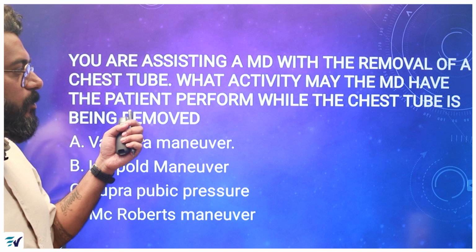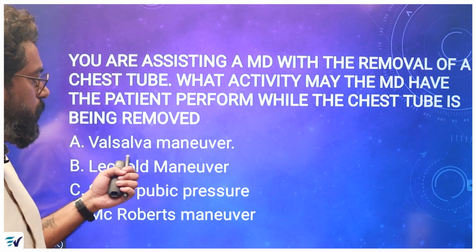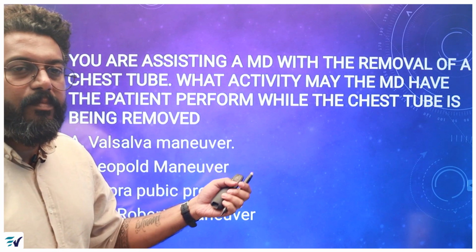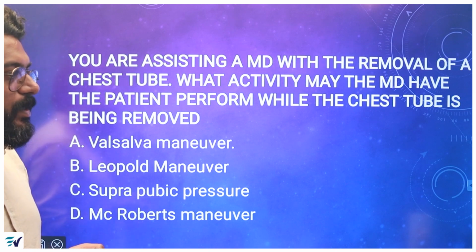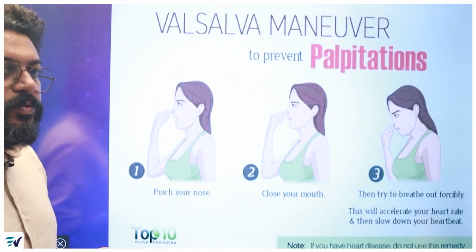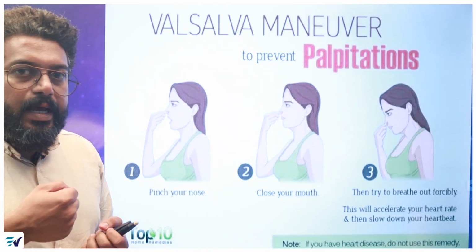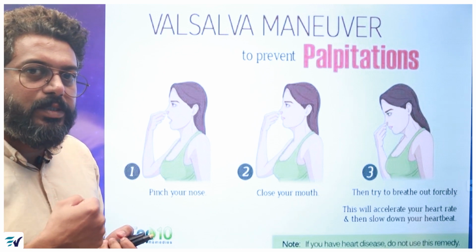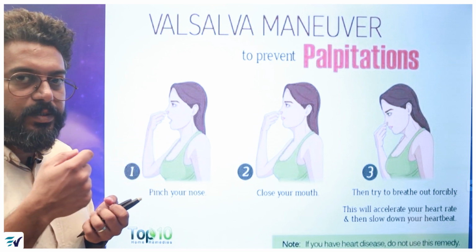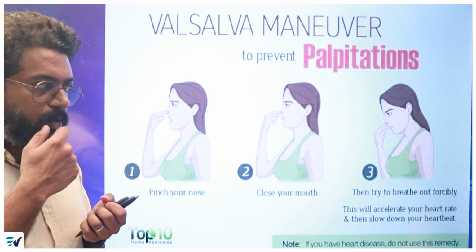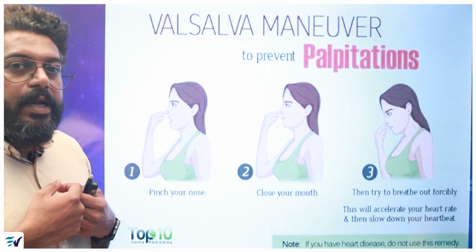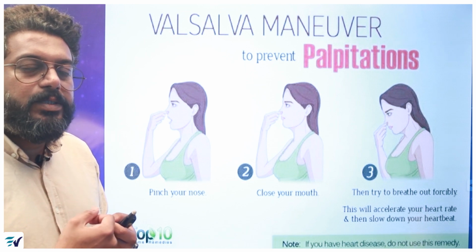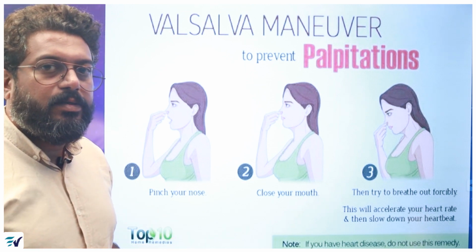What we ask the patient to perform while removing the chest tube is to do Valsalva maneuver. Valsalva maneuver means you should ask the patient to hold the breath and then forcefully exhale while the chest tube is removed. So, first you ask the patient to pinch your nose and then mouth and hold your breath, and while removing the chest tube, ask the patient to breathe out forcefully. Okay.